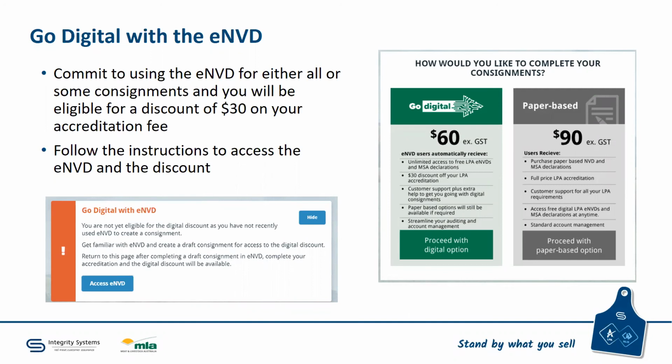It prompts you to go into the eNVD platform from your LPA account and create a draft consignment, and then you can go back through the process of your accreditation and be eligible for that discount, because you just need to be using the eNVD platform for it to be accessible.